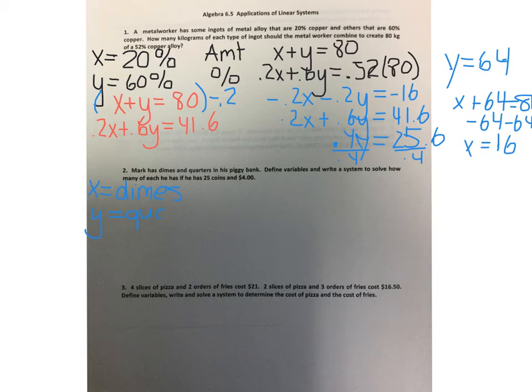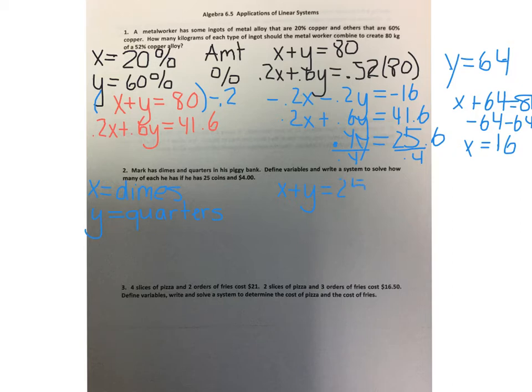Very similar to the problem above, we're going to write an equation for the amount and then for the value. So I have some number of dimes, I have some number of quarters, and in total I have 25 coins.